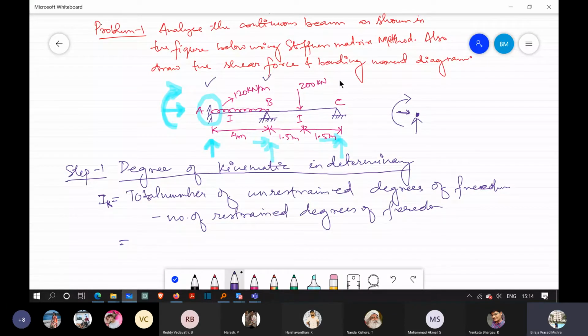So totally how much? 3 into the number of joints. So 3j minus r. Do you remember this formula? Either you can go by the total number of unrestrained degrees of freedom minus restrained degrees of freedom, or you can go by 3 into j minus r.